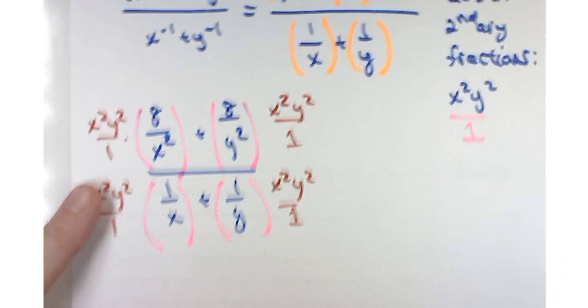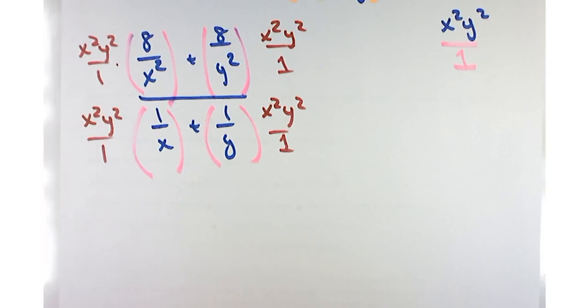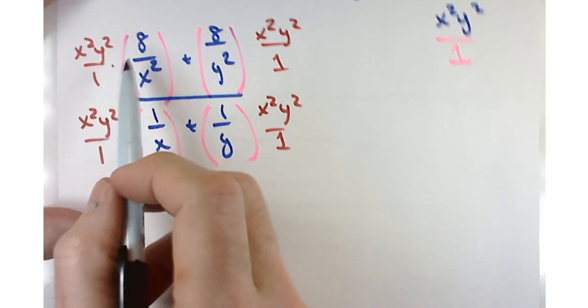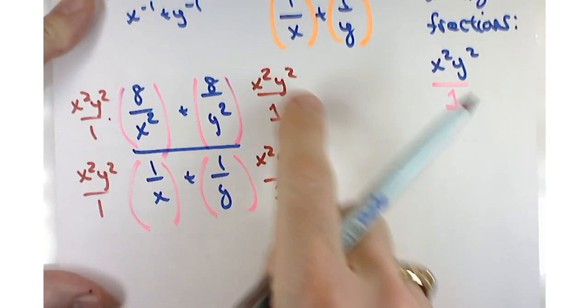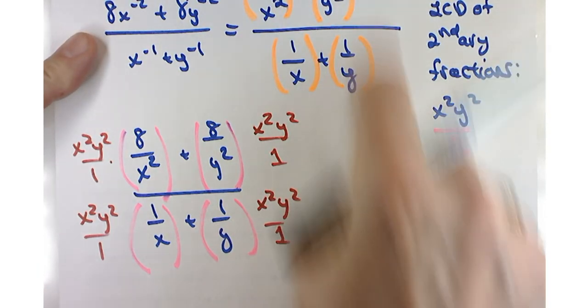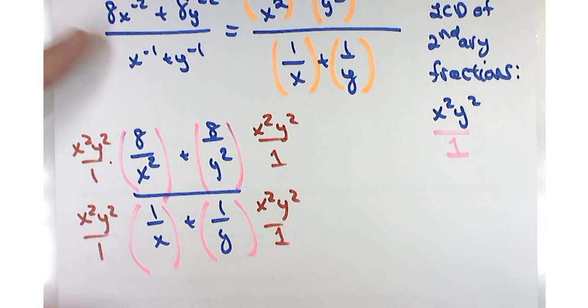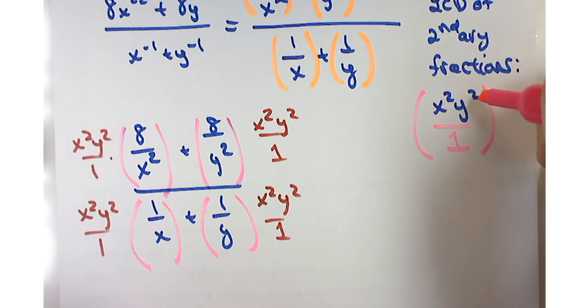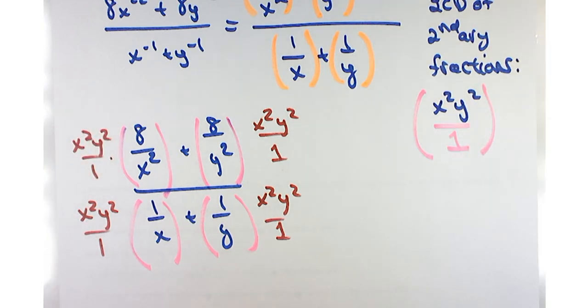Okay, so the trick here, and I'll take a little extra time to do this step. We're multiplying each of these secondary fractions by this term right here. I wrote it as a fraction just so that we can line things up.